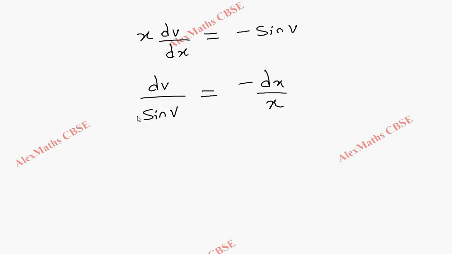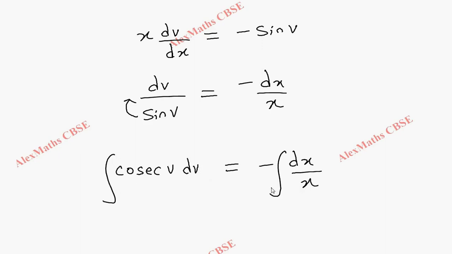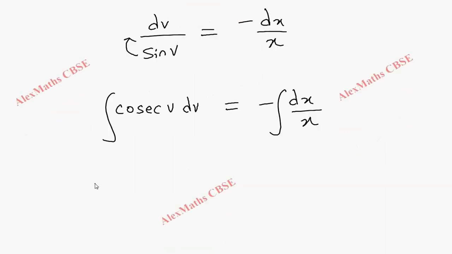Now taking this to the numerator, it is cosecant v dv equal to minus dx by x. After variable separable, we can integrate on both the sides. The direct formula, integration of cosecant v is log mod cosecant v minus cot v, and on the other side it is minus log x.